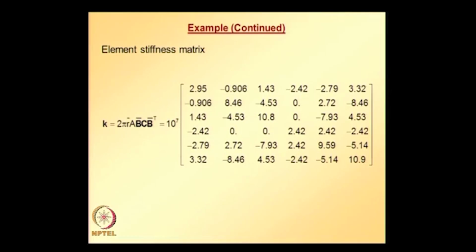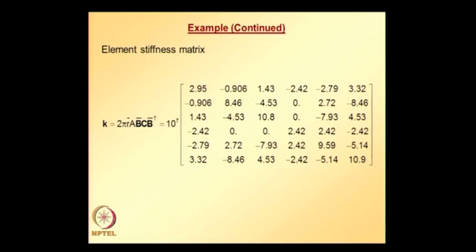Also, if you want a more accurate evaluation of the stiffness matrix, as I mentioned earlier, one can use the numerical integration scheme that we discussed earlier, instead of using the one point rule where we evaluated the stiffness matrix only at the centroid.